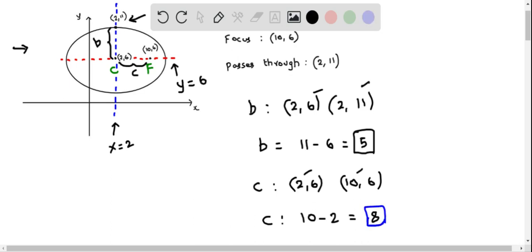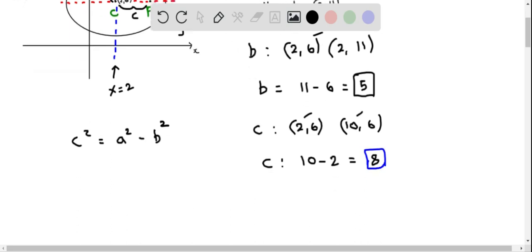Now we have the formula C squared equals A squared minus B squared, and we have to determine A using this formula. So let's solve for A first. We add B squared to both sides, and solving for A squared we get A squared equals C squared plus B squared. Now let's plug in the values of C and B into this equation so that we get A squared and thereby A. So C is 8, it is 8 squared, plus B is 5, so it is 5 squared.